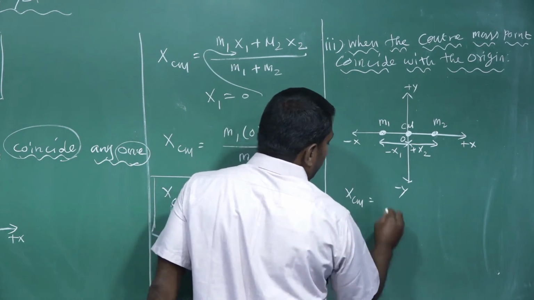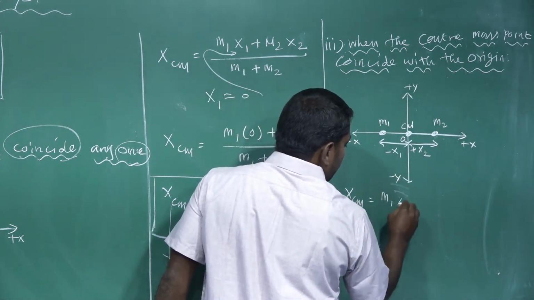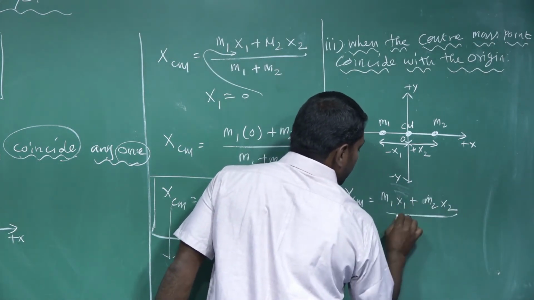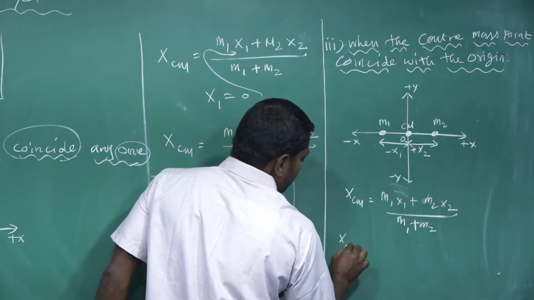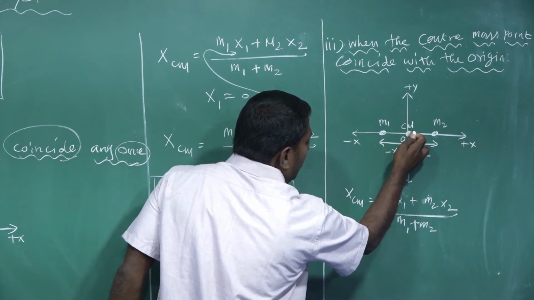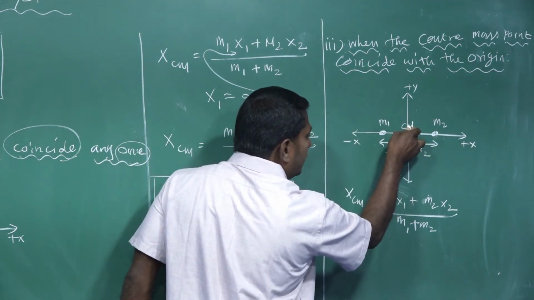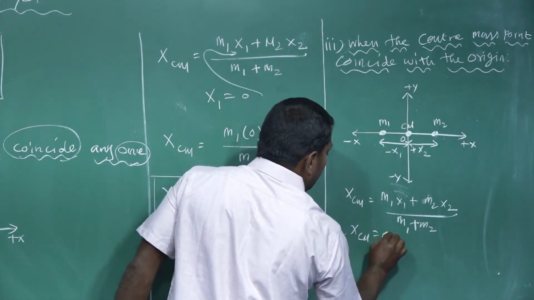XCM is equal to M1 x1 plus M2 x2 divided by M1 plus M2. So here the center of mass point of the 2 point masses is made to coincide with the origin. That center of mass point XCM is equal to 0.